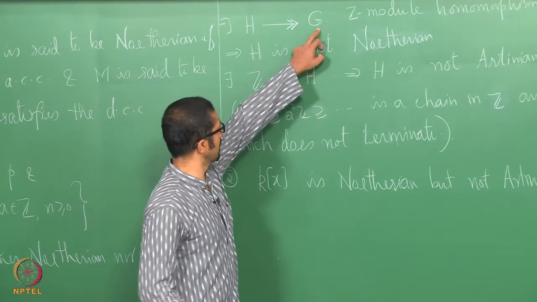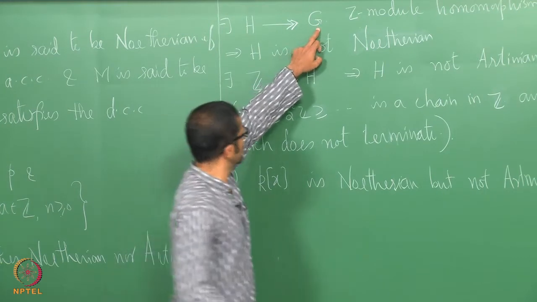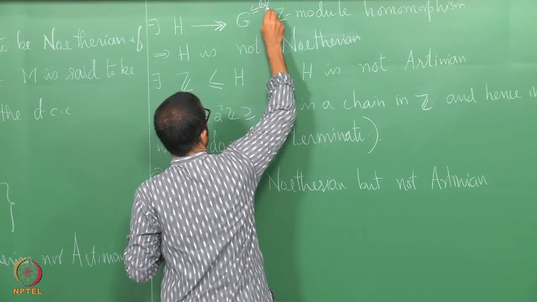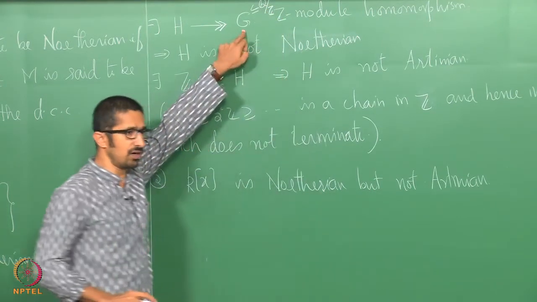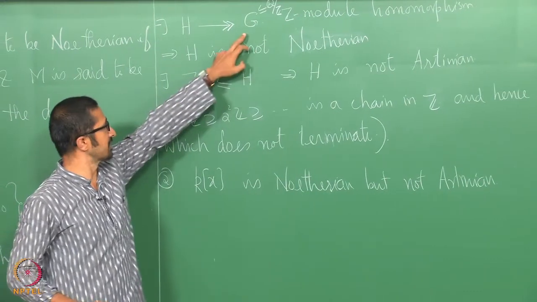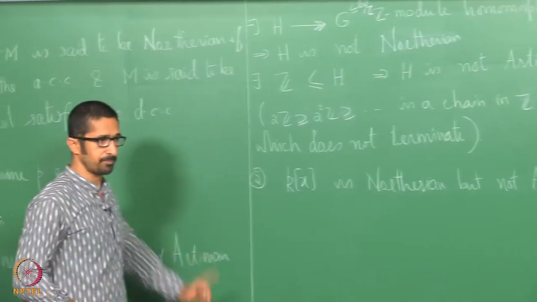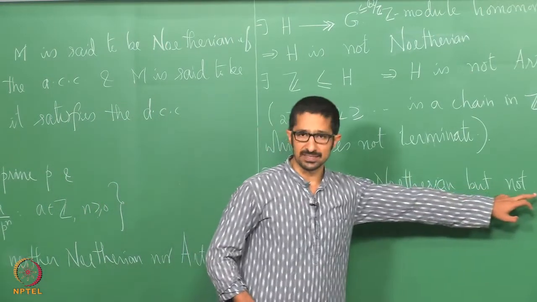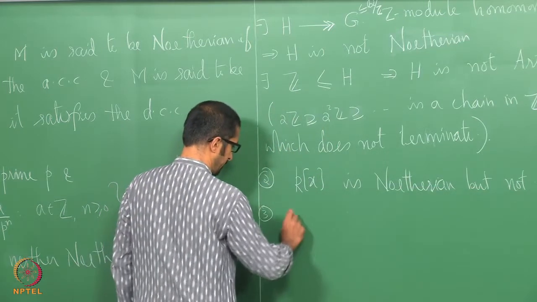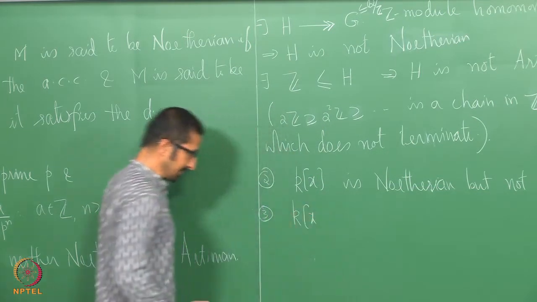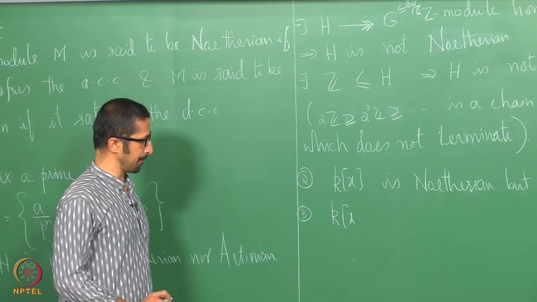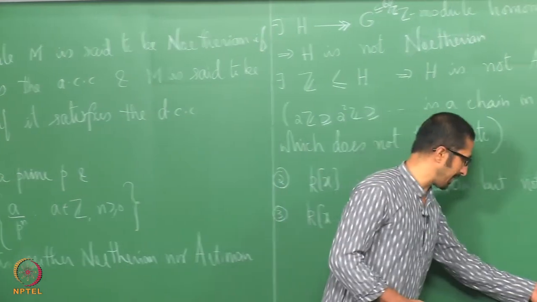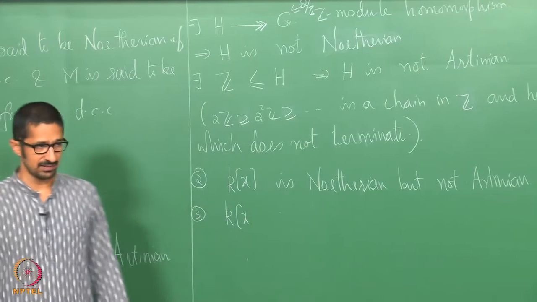G is a subgroup of Q mod Z with all elements of order a power of P. Kx is Noetherian but not Artinian, and if you look at this, the Noetherian property does not pass on to the substructures always.